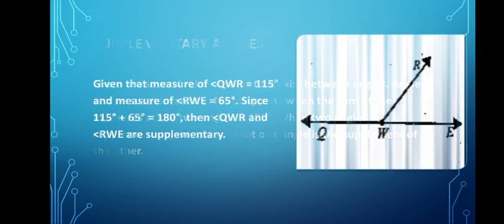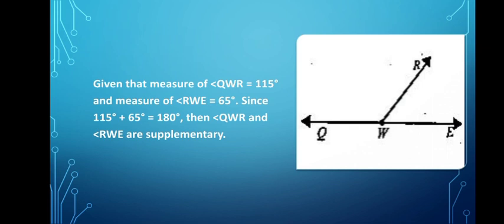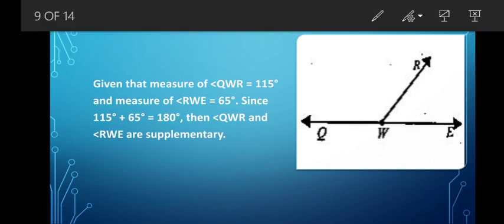So next, given the measure of angle QWR is equal to 115 degrees. QWR, ito, this one yung malaki, 115 degrees, and the measure of angle RWE is equal to 65 degrees.